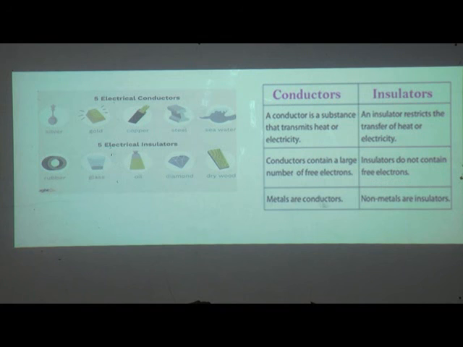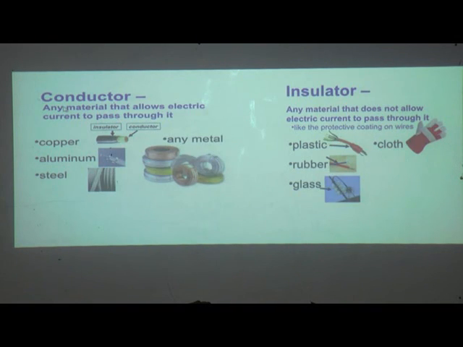Metals are conductors, but non-metals are insulators. Any material that allows electric current to pass through it is called a conductor. Any material that does not allow electric current to pass through it is called an insulator.